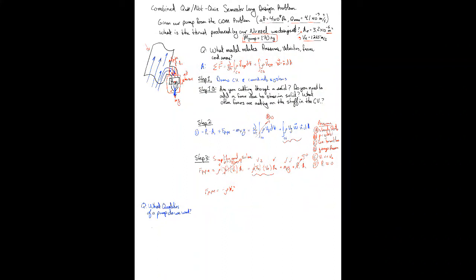If we plug in our information, we see it is equal to negative 1,000 kilograms per meter cubed times 1230 meters per second squared times 3.2 times 10 to the negative 6th meters cubed plus 9.8 meters per second squared times 170 kilograms.